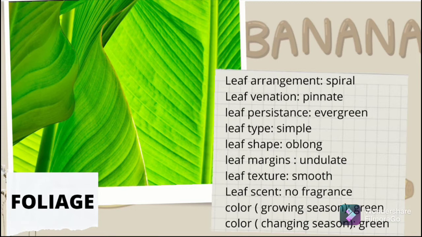The margin is the edge of the leaf lamina lying between the apex and the base. And the leaf margin in banana is undulate. And its leaf texture is smooth. Leaf scent is no fragrance. And the color of the leaves in growing season is green, and also in the changing season, green also.